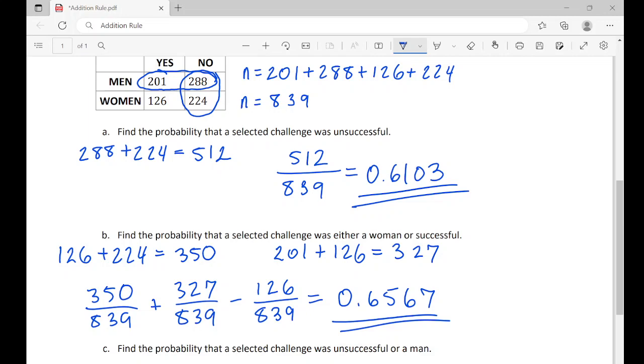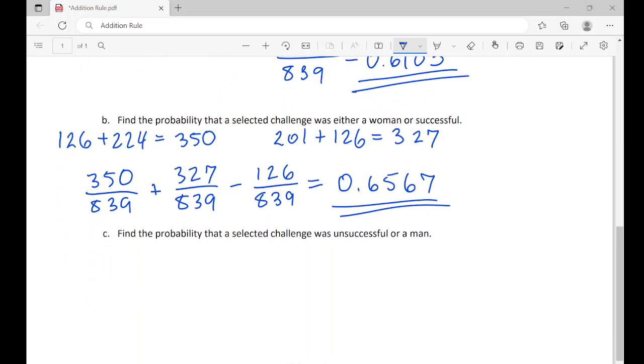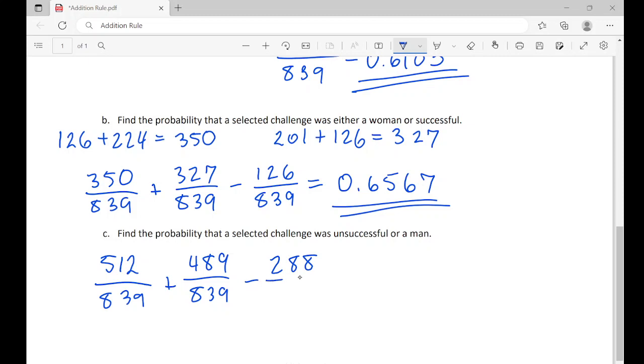So we're going to take our two values and add the men and the unsuccessful. I'm just going to write them down here, not each addition part explicitly. So we're going to have 512 over 839 plus 489 over 839, and we're going to subtract 288 over 839.